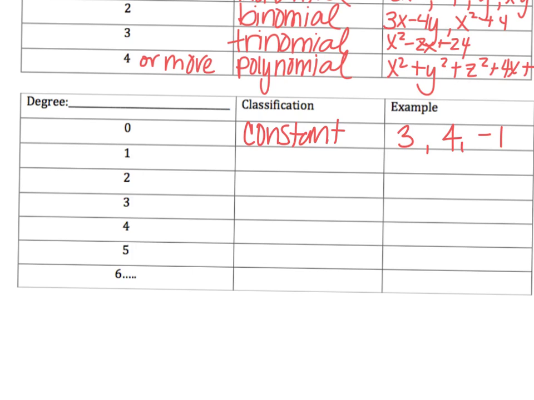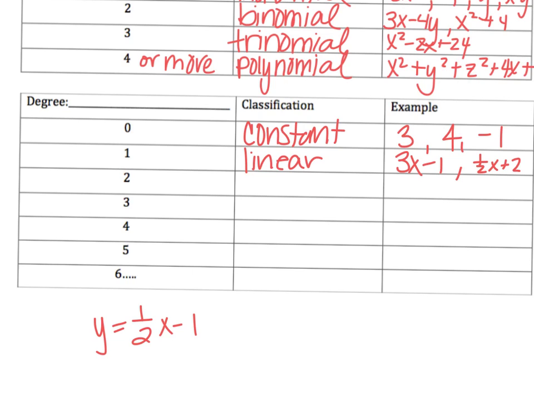If you have a first degree, this is something like 3x minus 1 or 1/2 x plus 2. Okay, you probably remember seeing lines, equations of lines like that, and you were asked to graph those and find the slope and all that stuff. Well, if you remember, those are called linear functions. That's because you have a degree of 1.